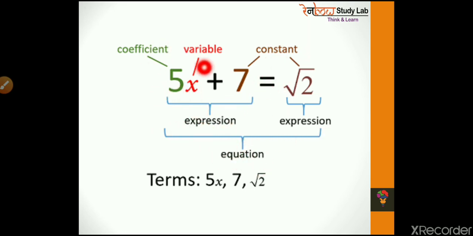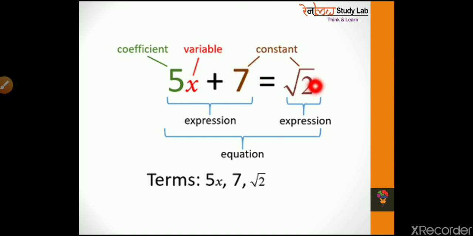Now each of them is a term. 5x is a term, 7 is a term, root 2 is a term. 5x, 7, root 2, they all are known as terms. The alphabets x, y, z, red in color, they are known as variables. Now the number multiplied, please pay attention, multiplied with the variable is known as coefficient, and the number which is not multiplied with the variable, here 7 is not multiplied with any variable, it's just 7, will be known as constant.